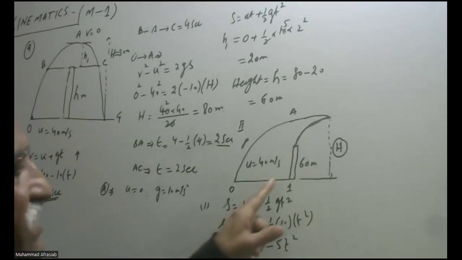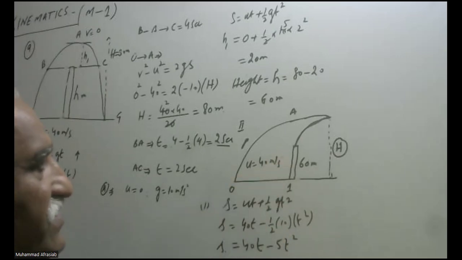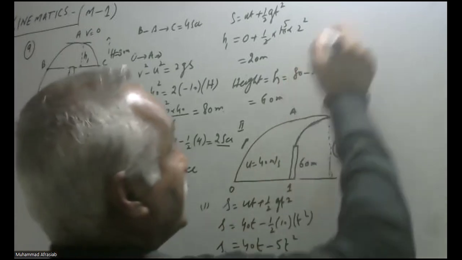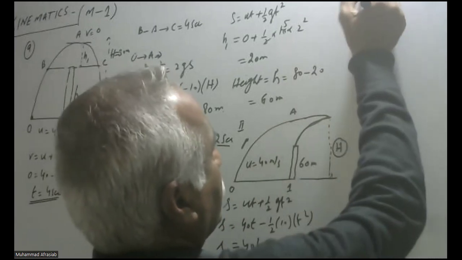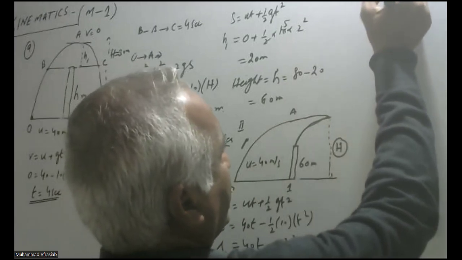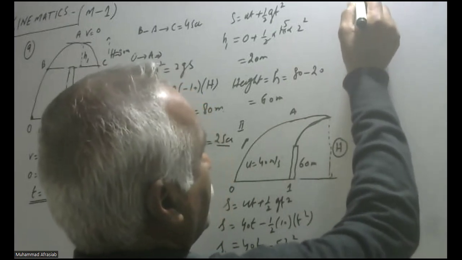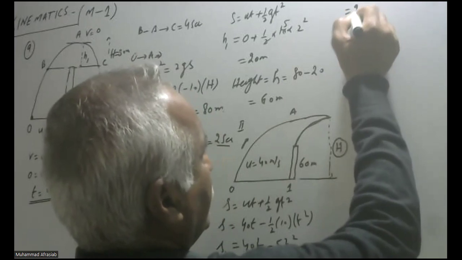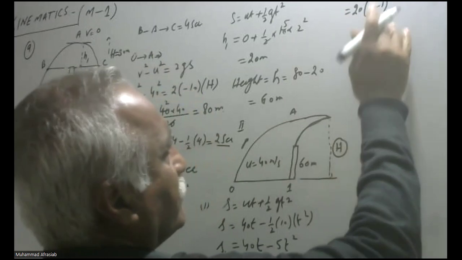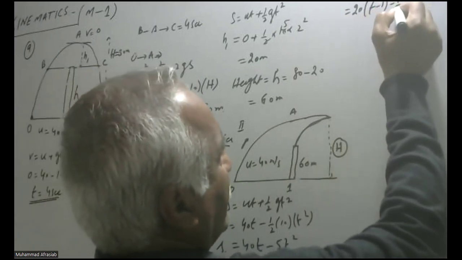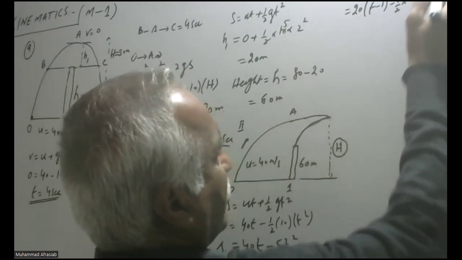So when the second particle is being projected upward after 1 second from a height of 60 meters, for the second particle, S is equal to ut plus half gt square. So this is equal to u is 20, time is t minus 1, because after 1 second it is going to be projected, minus half into 10 into t minus 1 square.